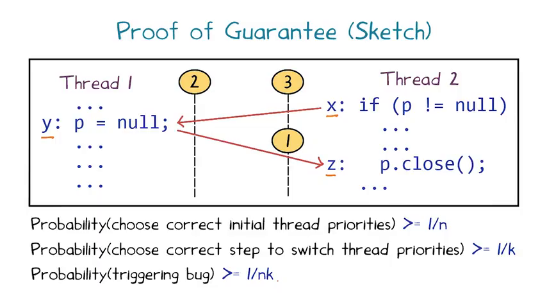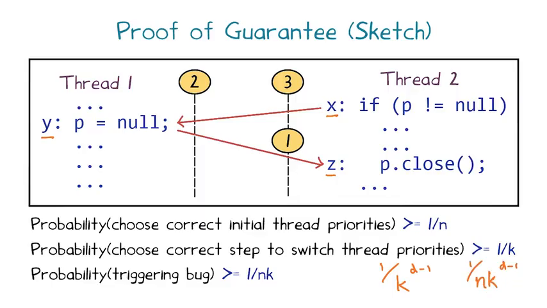The probability of picking the right set of d-1 statements for changing priorities is at least 1 over k to the power d-1. And so the probability of triggering a bug of depth d ought to be 1 over n times k to the power d-1.